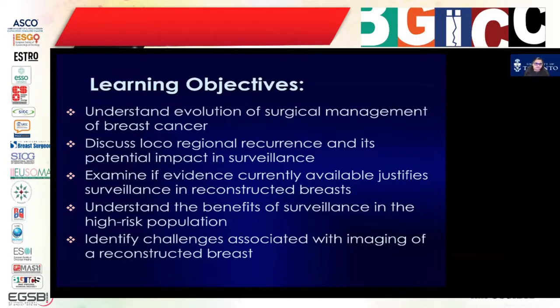We will also talk about local regional recurrence, impact on surveillance, and we'll look at a little bit of evidence and what the current guidelines and recommendations are for surveillance, and what are the benefits of surveillance in a high-risk population, and some newer things which are becoming mainstream, such as nipple-sparing mastectomies, skin-sparing mastectomies. What do we do with them? And then we'll look at some challenges associated with imaging of reconstructed breasts.